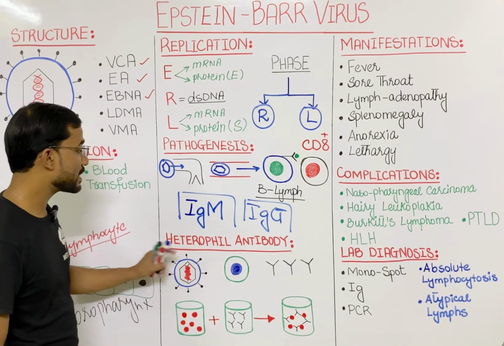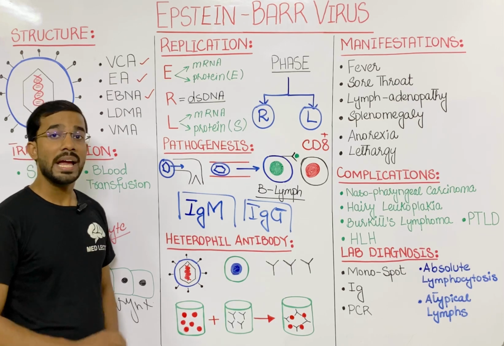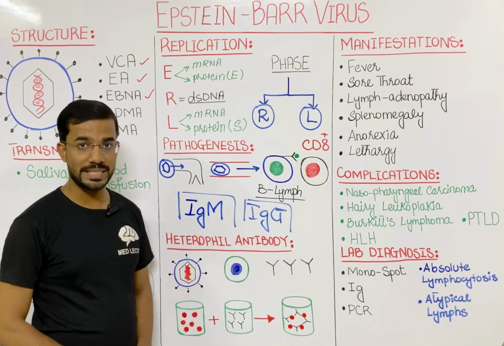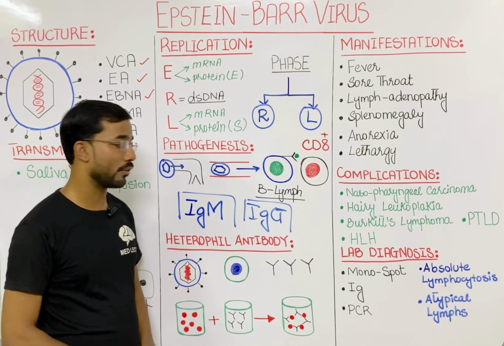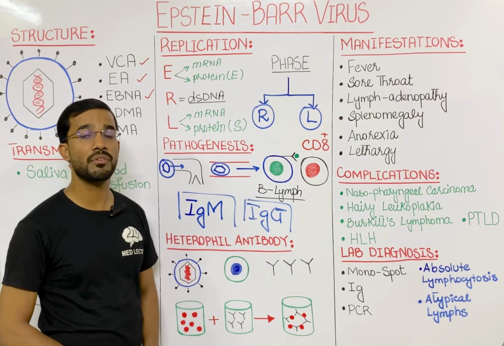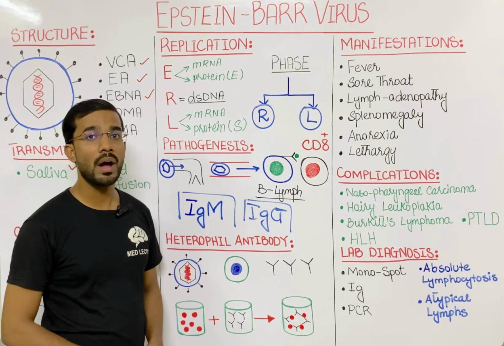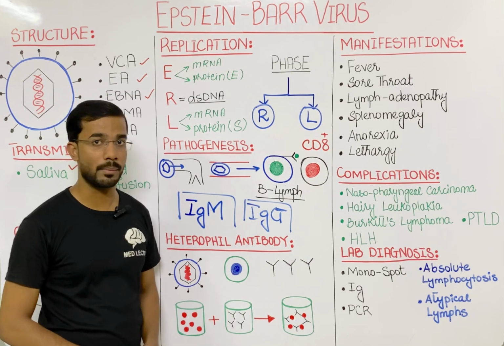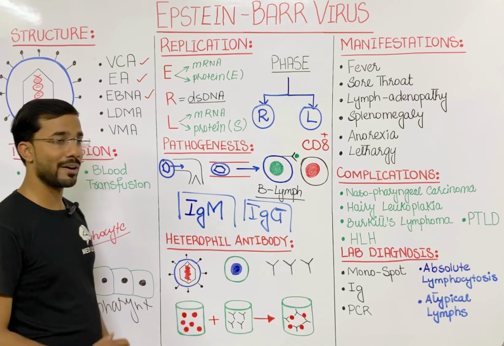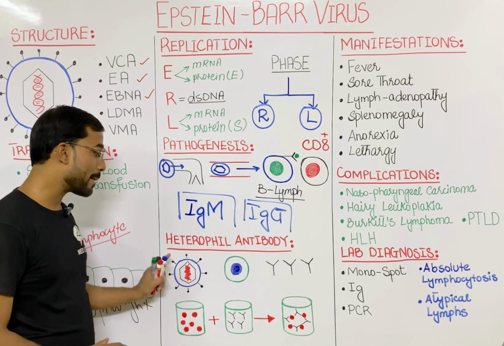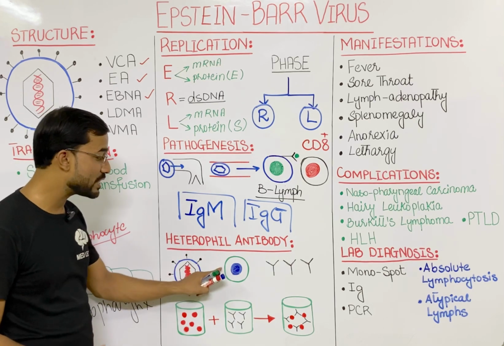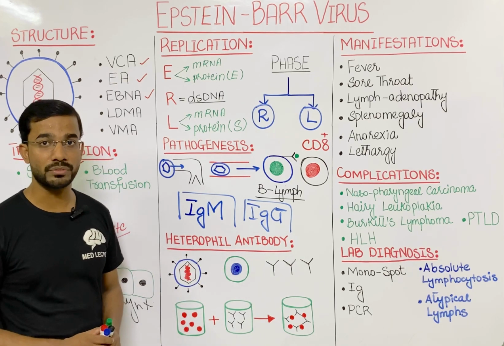Okay, next are the heterophil antibodies. In the Epstein-Barr virus infection, you will see the production of heterophil antibodies. We will first see how heterophil antibodies are produced in our body. Here is the Epstein-Barr virus. That Epstein-Barr virus will make changes in the cell membrane of the cell.